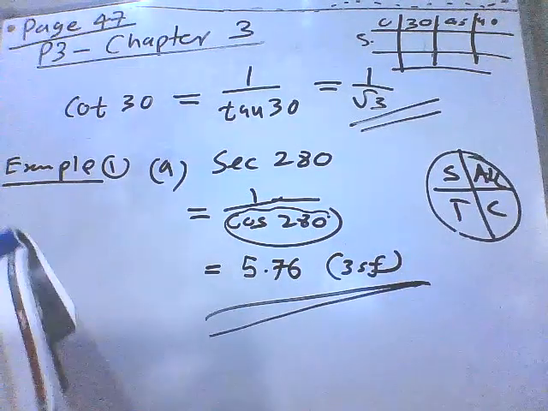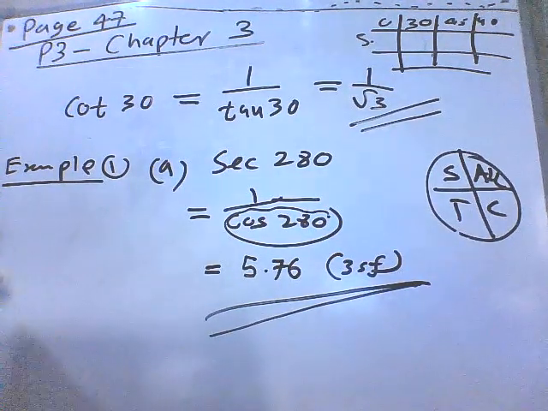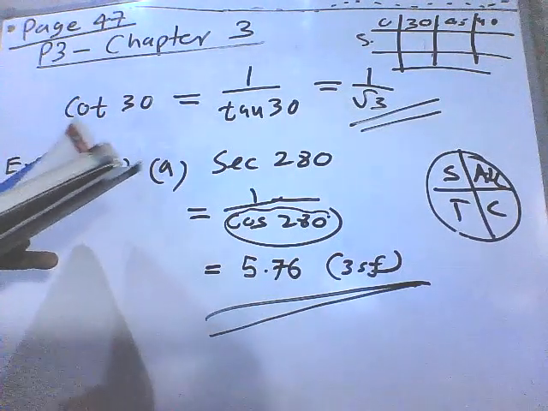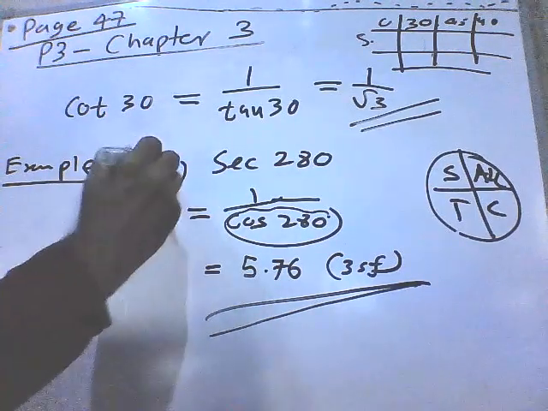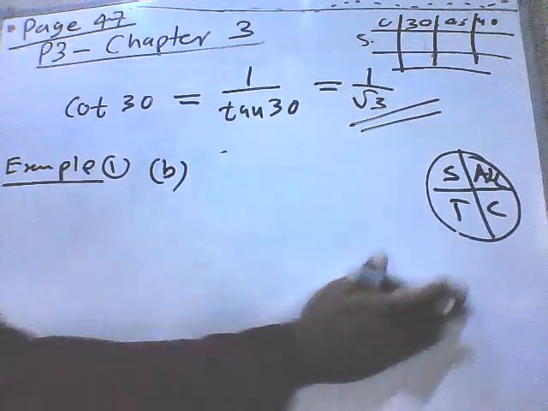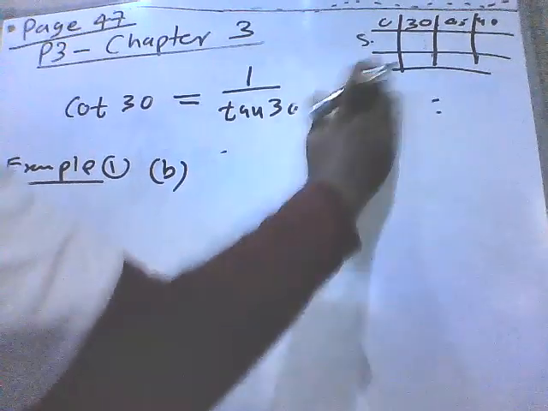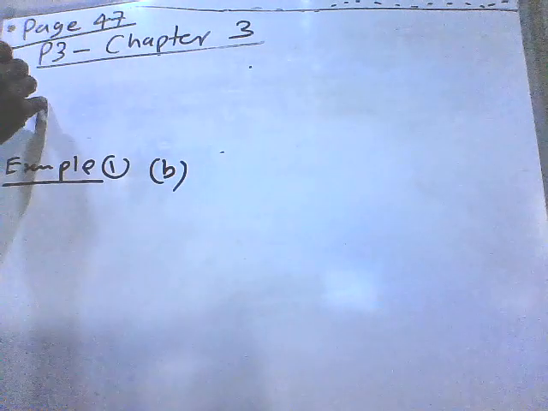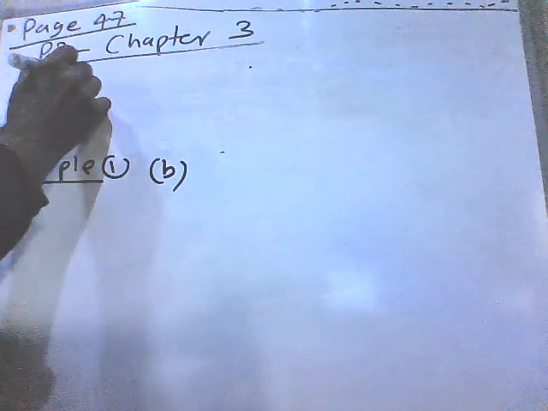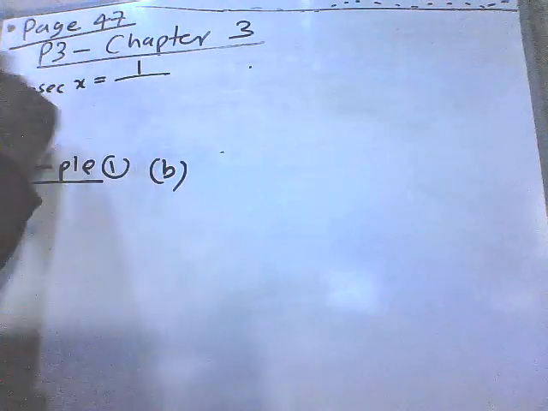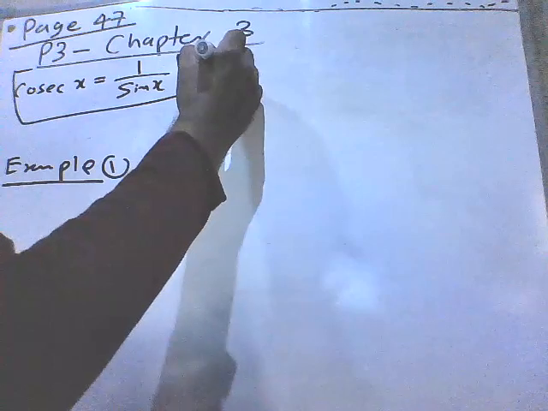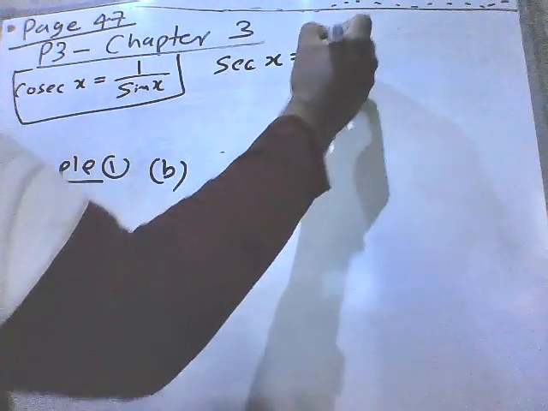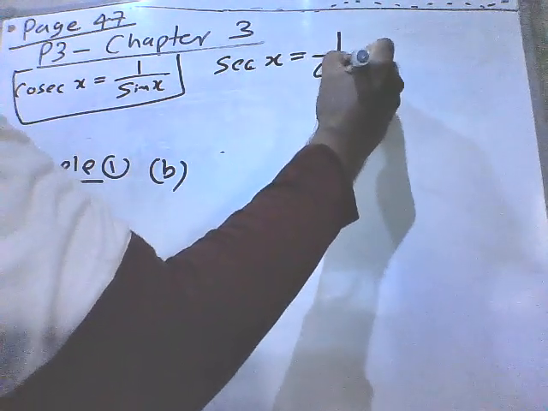So this is example 1, and example 1 part B is asking us to find cot 115. Here I will put the ratios. Cosec x is equal to 1 over sin x, that we should remember, and sec x is equal to 1 over cos x.